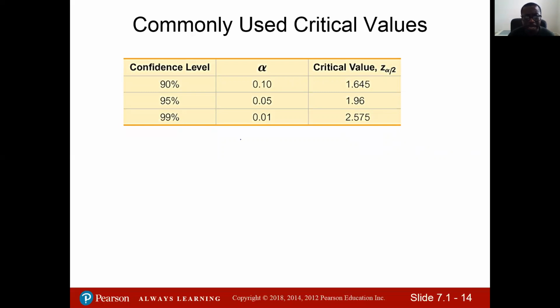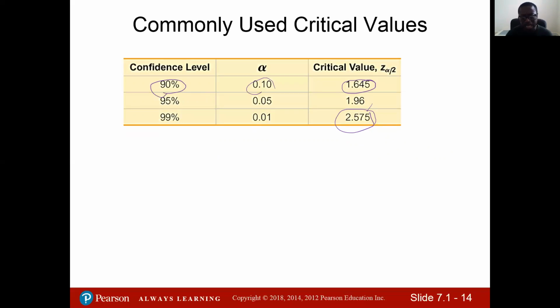Okay, so for a 90% confidence level, alpha is what? 10. What is the critical value? That is Z alpha, which is 1.645. For 95%, it is 1.96. For 99%, it is 2.575.